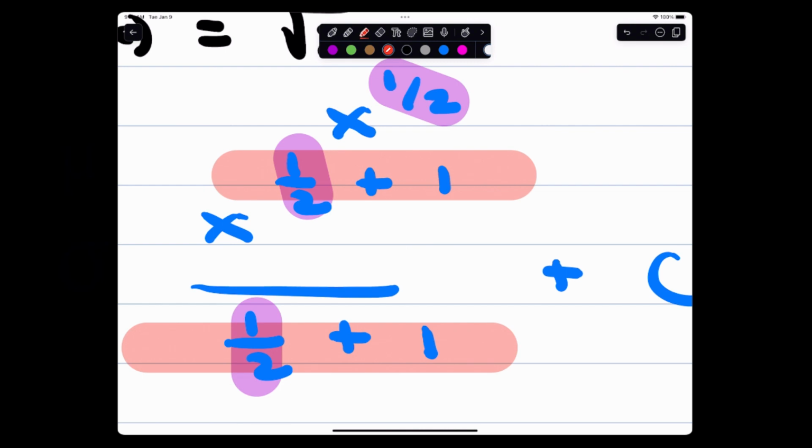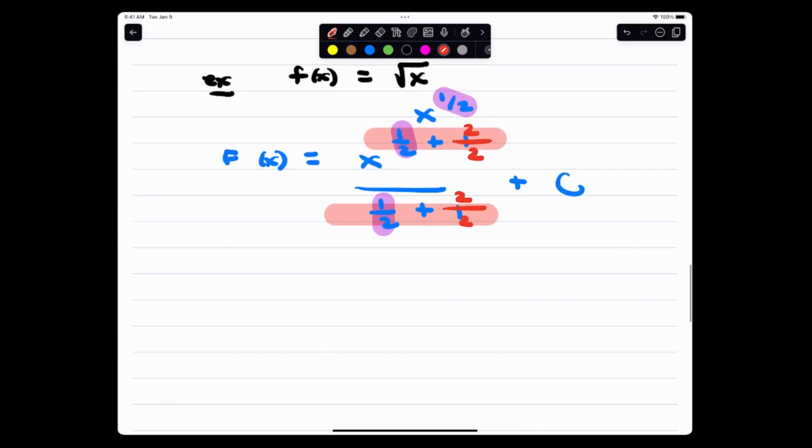What is 1/2 plus 1? Is that 2/2? Don't you need to have the same denominator? You guys okay with that? And so now, what is 1/2 plus 2/2? Isn't that 3/2? Okay. You guys good with that?